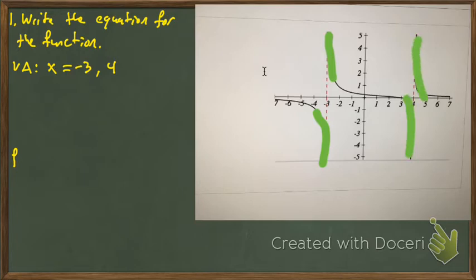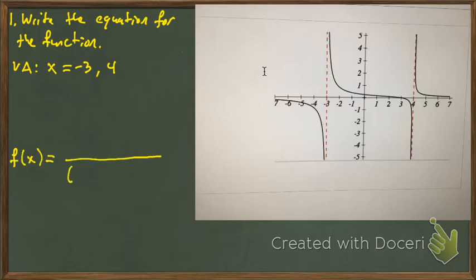So in the denominator they're all going to have an exponent of 1. If -3 is the vertical asymptote, the factor is x plus 3 in the denominator, and if 4 is the vertical asymptote, then x minus 4 is the factor. Because they have the down and up behavior, it'll be to the first power.